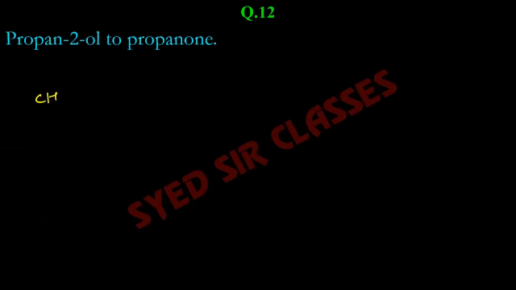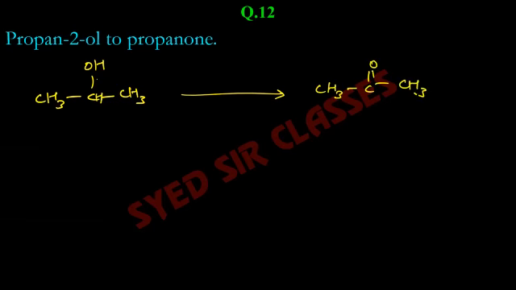So CH3CH(OH)CH3, propan-2-ol, sorry. And you can convert it to CH3COCH3 with whether you use CrO3, normally used for secondary, or you can use potassium dichromate also, K2Cr2O7.